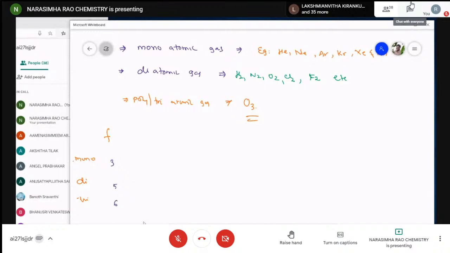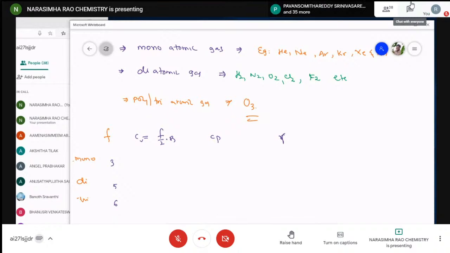Now I am giving you Cv, Cp, and gamma. Not R, this is gamma. Right, children? Cv is equal to degree of freedom upon 2 into R. R means universal gas constant.